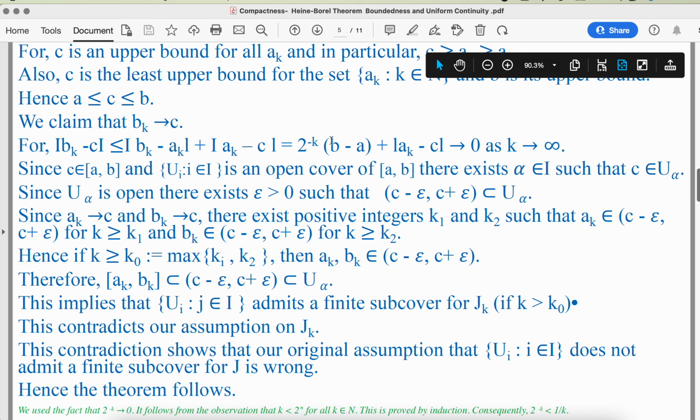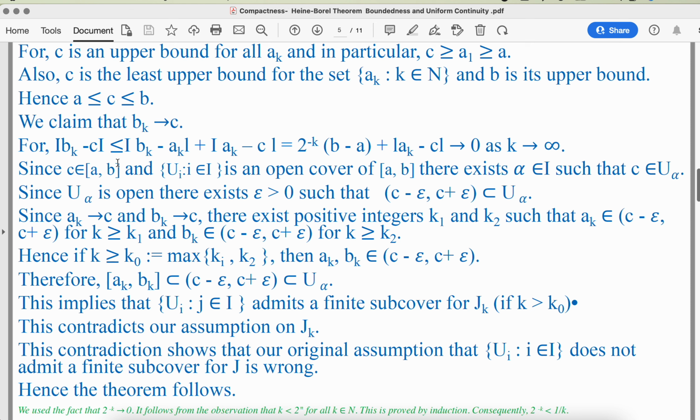It follows from the observation that k is less than 2 raised to power k for all k belonging to N, and 2 raised to power minus k is less than 1 upon k. So this tends to 0 as k tends to infinity.